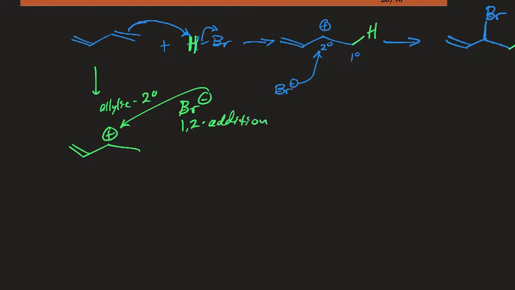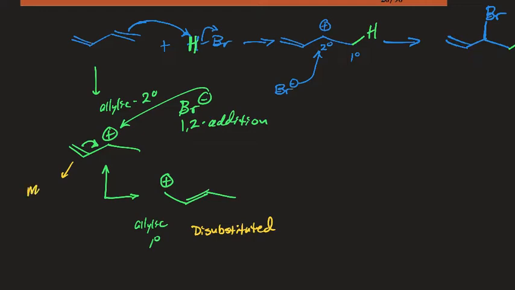If, however, this undergoes resonance, where that double bond moves to there, we end up with a carbocation here. And yes, this is allylic, and it's only primary, so it's less stable. But we have a di-substituted double bond over here versus a mono-substituted double bond.